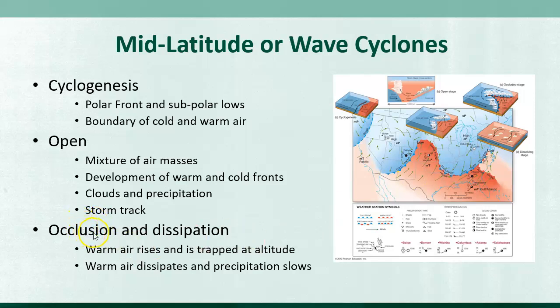And what happens in the occluded stage of a wave cyclone is that all the warm air down here gets pushed upwards, and it's replaced effectively by cool air underneath it. The fronts are shown by purple lines that we'll take a look at in a little bit. The precipitation starts to slow down.